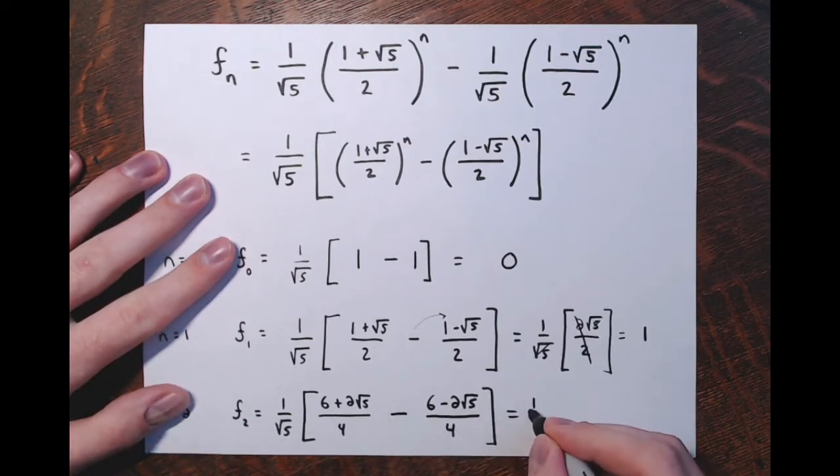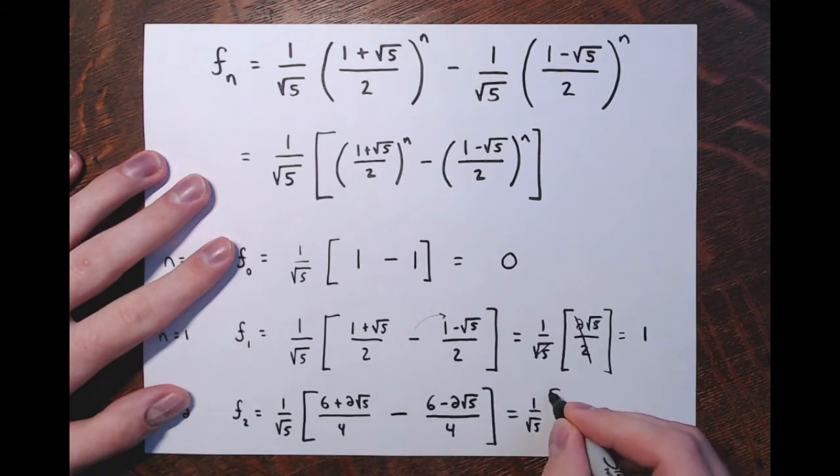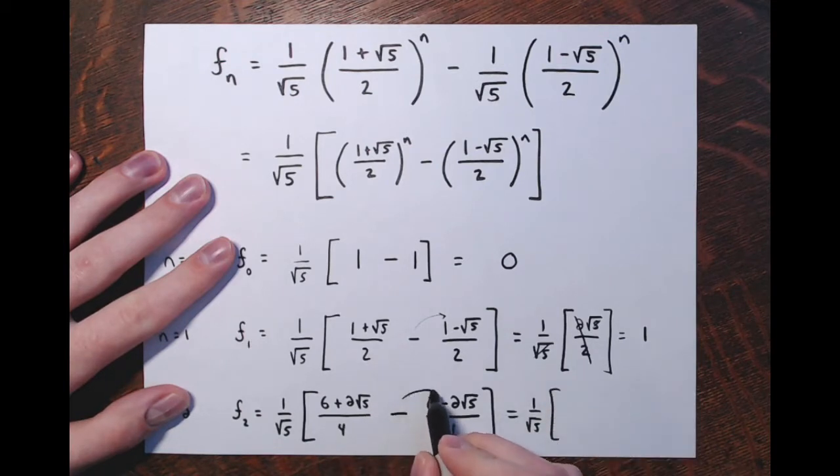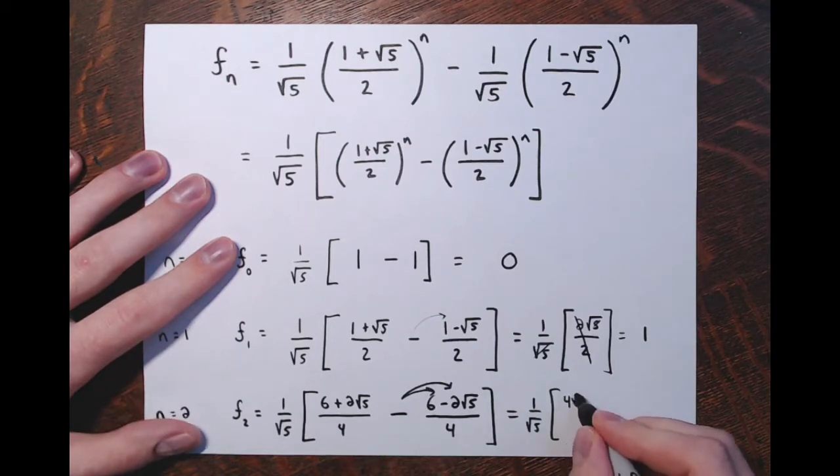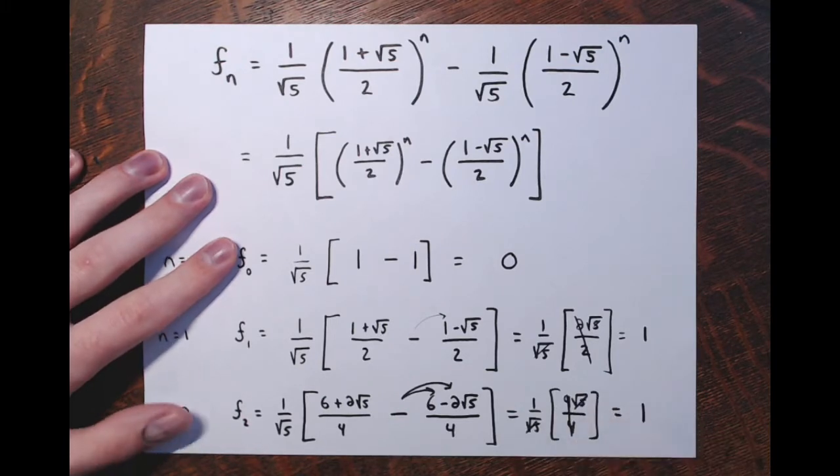And then I got 1 over the square root of 5, and when I put these together, you got to distribute this negative here, subtracting all the numerator. Well, you'd have 6 minus 6 is gone. Then you'd have 4 root 5 over 4. The 4's cancel, the root 5's cancel, and again, I am left with 1.